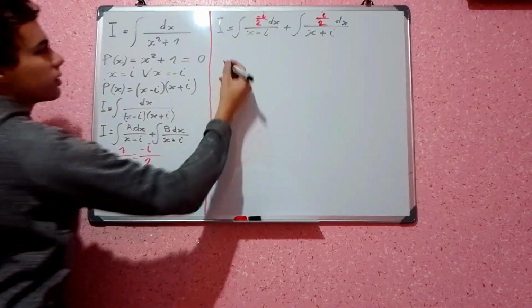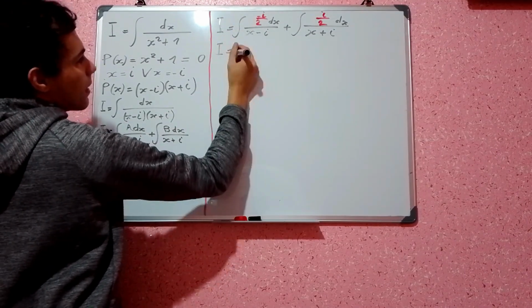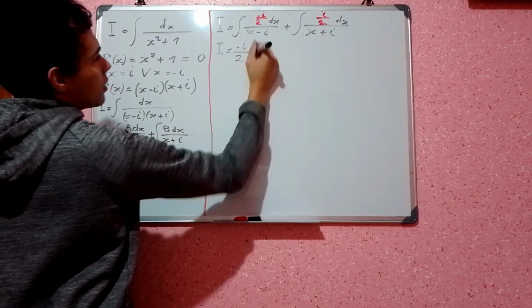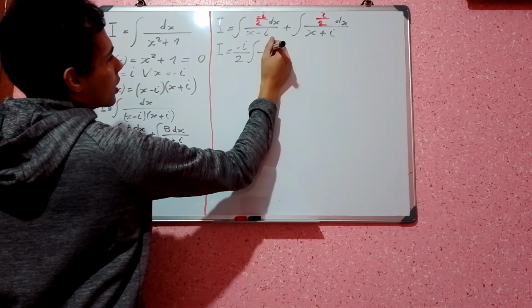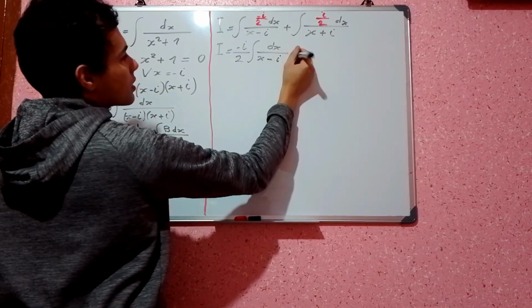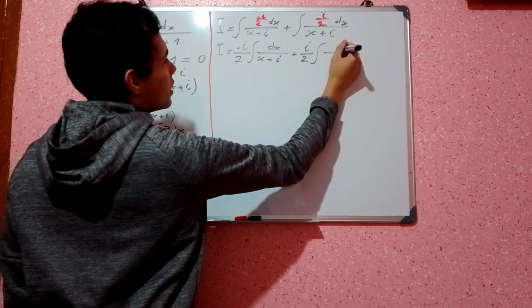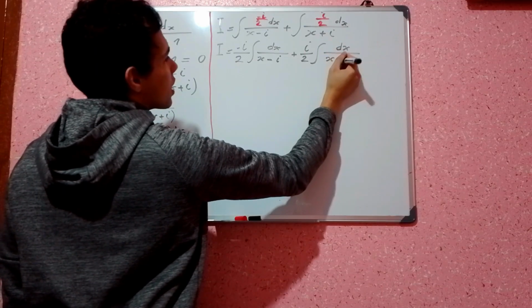This is just a constant, so we can move it outside the integral. We get minus i over 2, the integral of 1, we write it dx over x minus i, plus i over 2, integral of dx over x plus i.